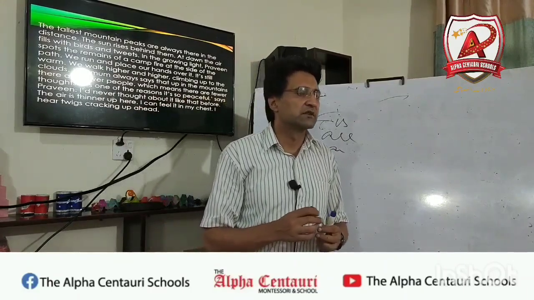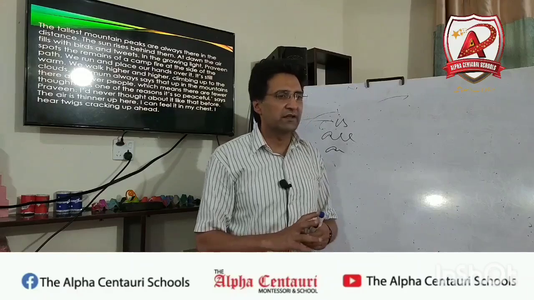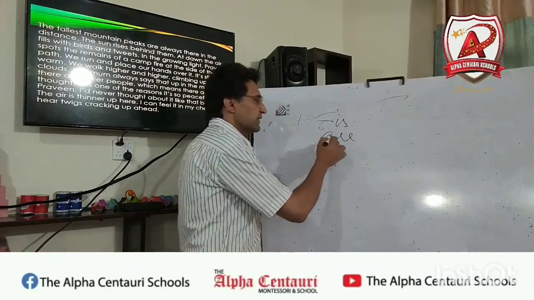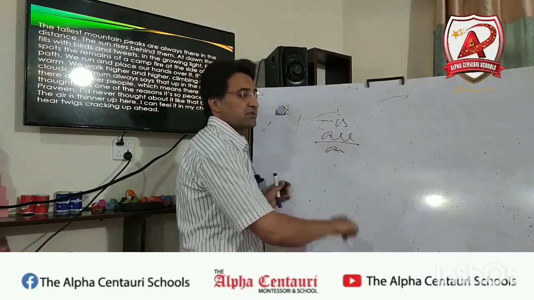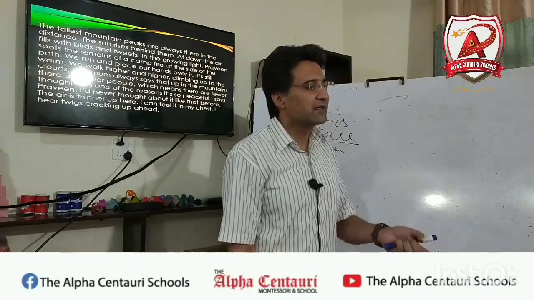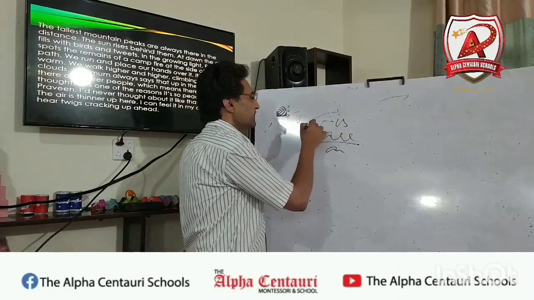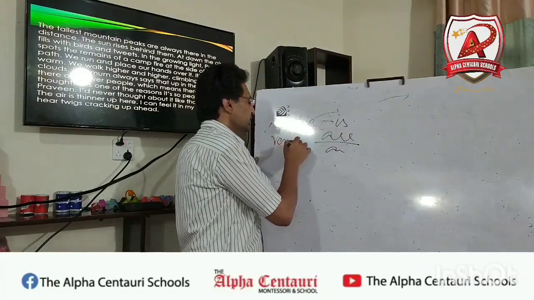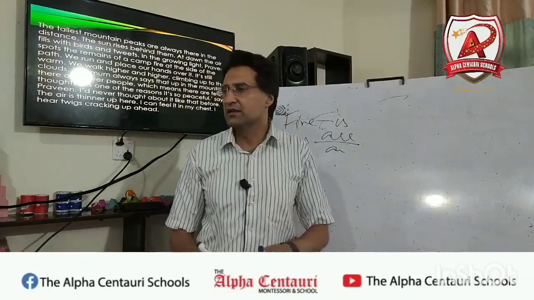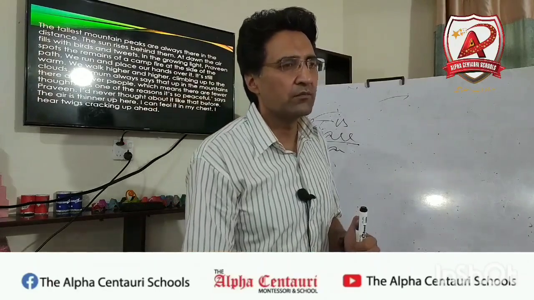The remains of fire. If I'm saying remains of fire, then it will be "remains of fire are". And fire is. And remains are. It is still warm. It is warm.